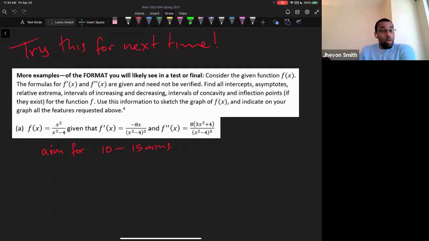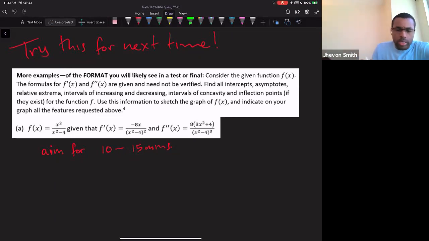But you always need to find the domain because it turns out if something is not in the domain of the original function, like there's an asymptote or a hole, those points will also always be critical points, right? So the derivative doesn't exist where the function is undefined, right? So you will need to know these points because they're going to show up in your critical points list. And you want to know that you're not allowed to touch these points, right?